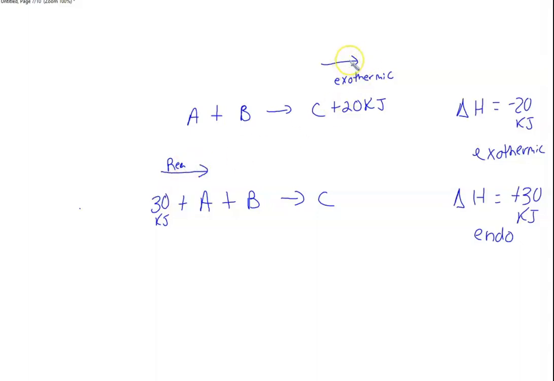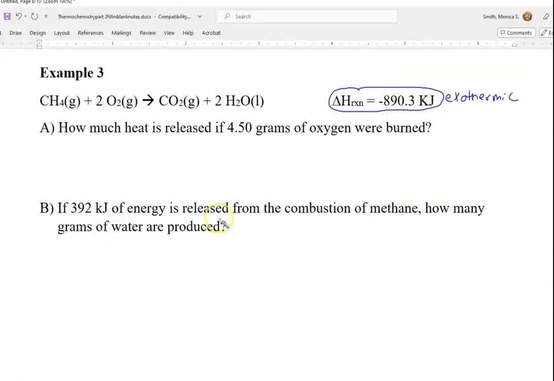If it's an exo, it is being given off just as those products are being made. And the reason I'm saying that is we're about to write this right here. So the positive and negative just means whether it's endothermic or exothermic. I'm going to write it in the equation.